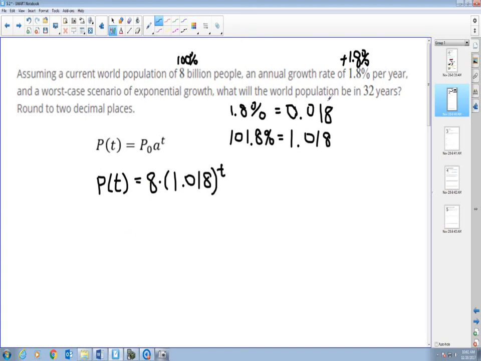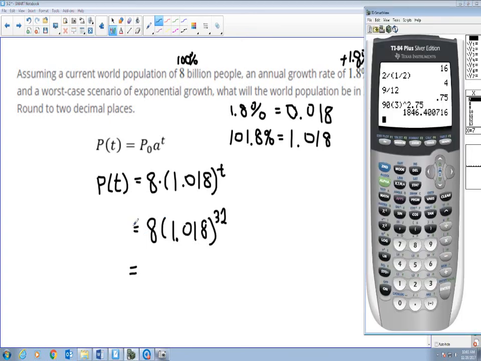So I'm looking for 32 years later. So that will be 8 times 1.018 to the 32 power. That means my answer will have the initial 8 billion already in it.